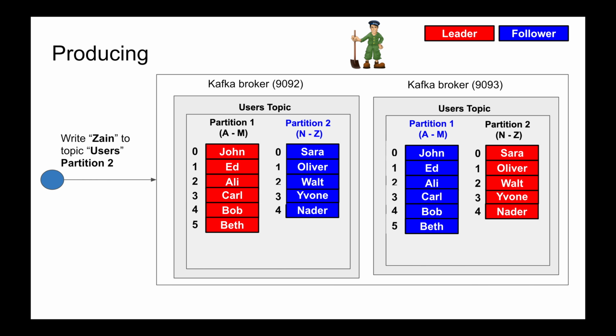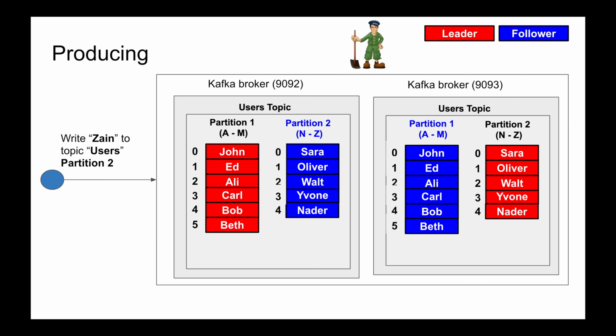If you are writing, you better write to a leader. But how do you know? Does the producer know that partition 2 is actually on 9093, and establish a connection to 9093 and write to it because that's the partition leader?